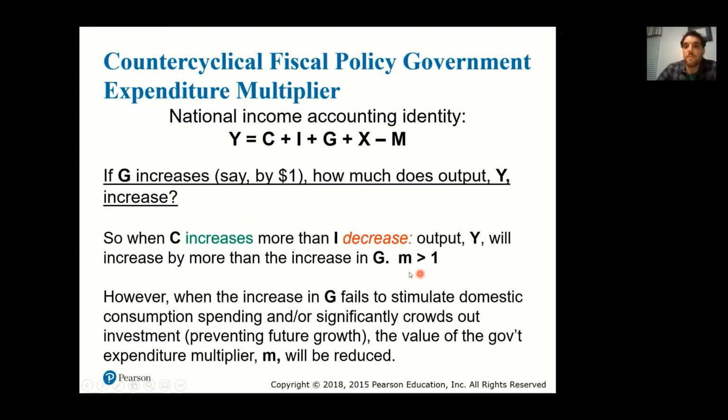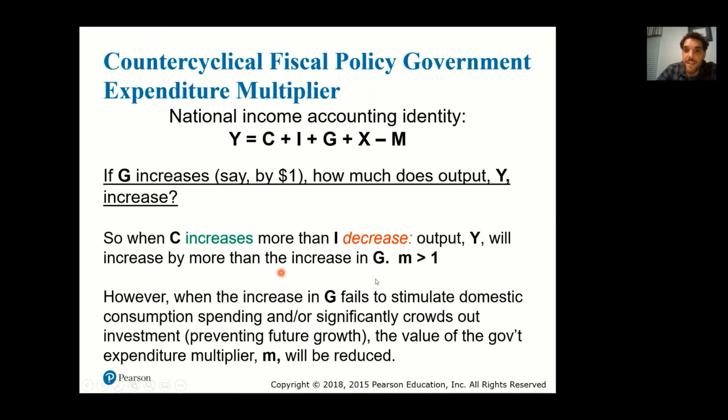This is an important threshold, this threshold of the multiplier being equal to 1, because the goal of expansionary fiscal policy by the government and the government increase in spending is to stimulate the economy, meaning we want output to increase by more than the government expenditure increase to promote future growth.